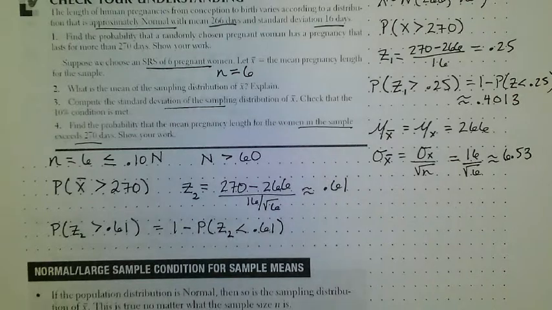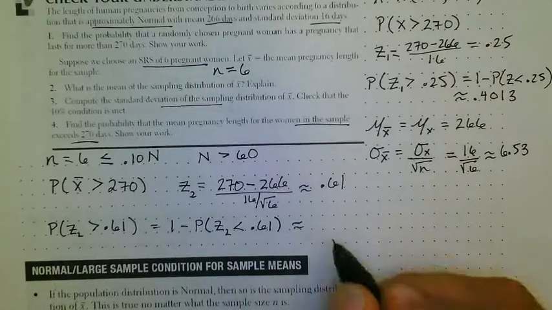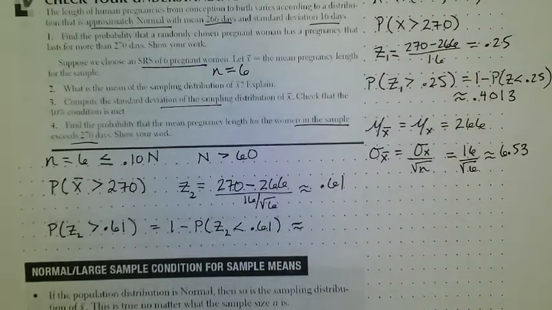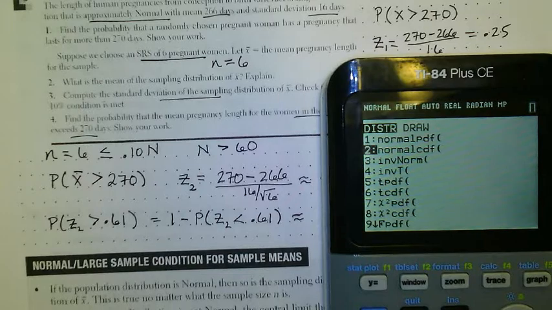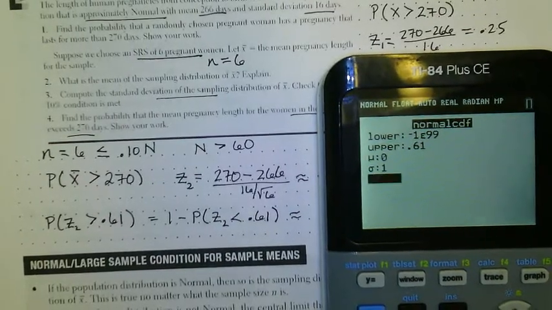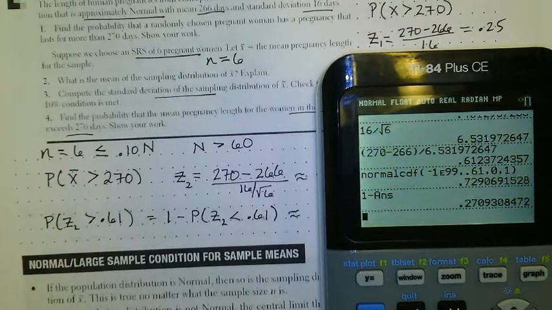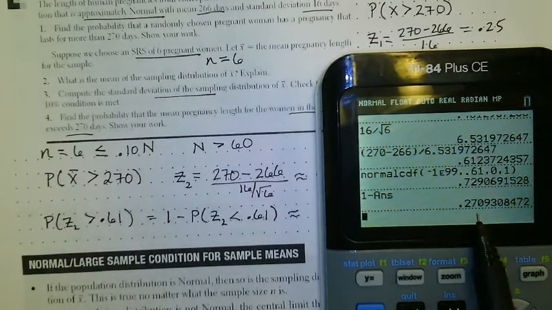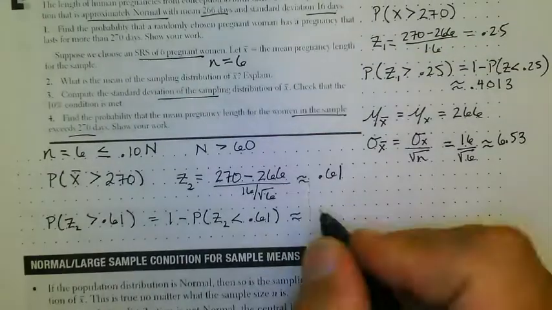For this piece, we do that in our handy dandy calculator. We go second distribution, normal CDF, 0.61, take 1 minus that, and we get about 0.2709.